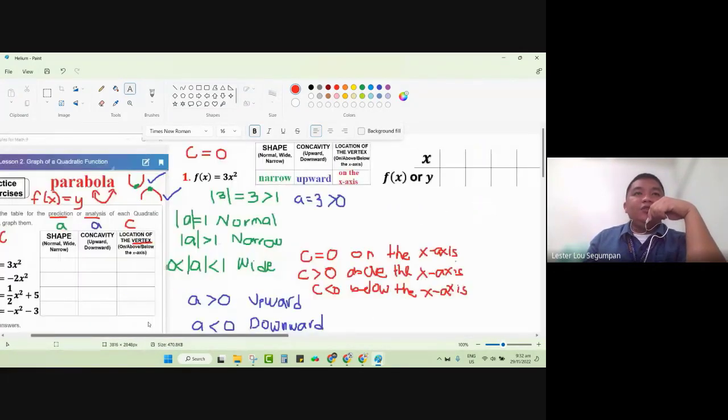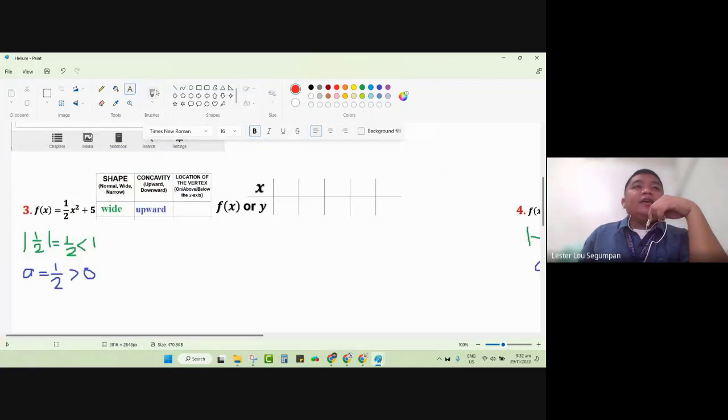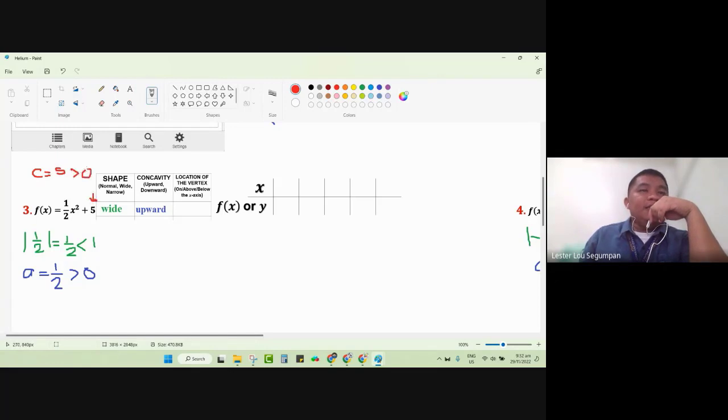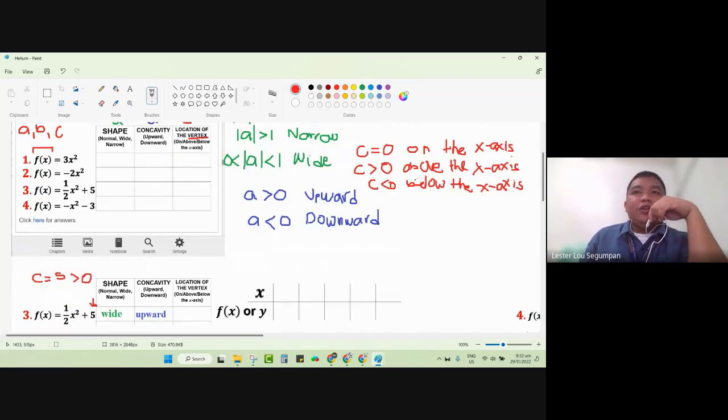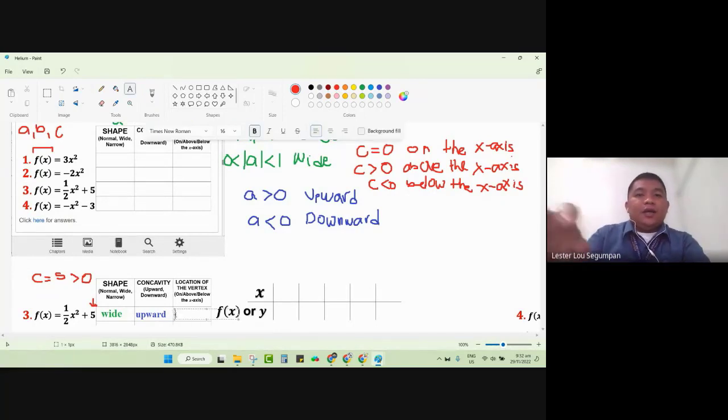If we go to number 3, the C value here is equal to 5, and this is greater than 0. Looking into the analysis that we could draw, the vertex should appear above the x-axis.